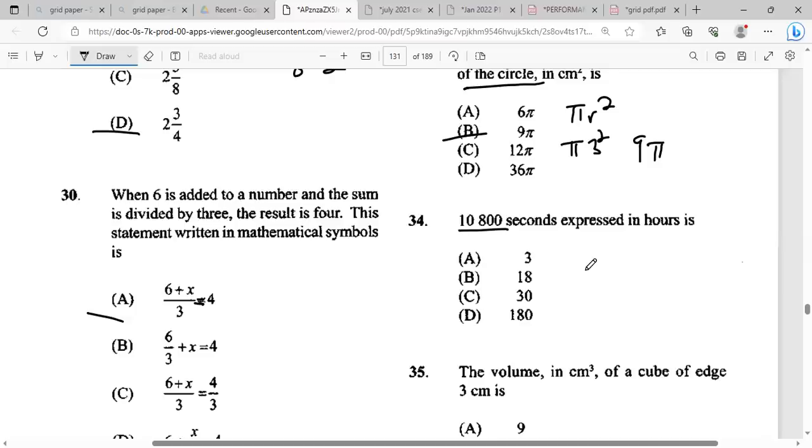But it can't be more than 3 hours, I'm sure about that. 60 minutes make 1 hour and 60 seconds make a minute, so we're supposed to divide by 3,600.